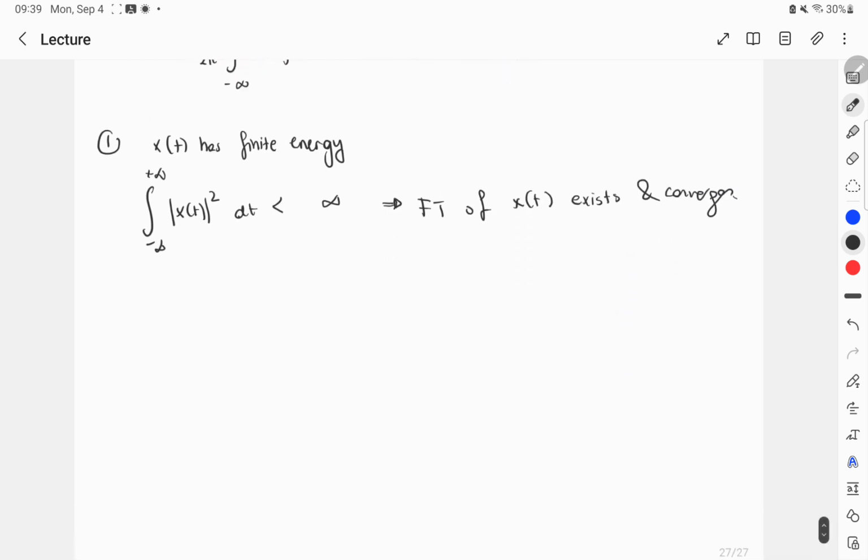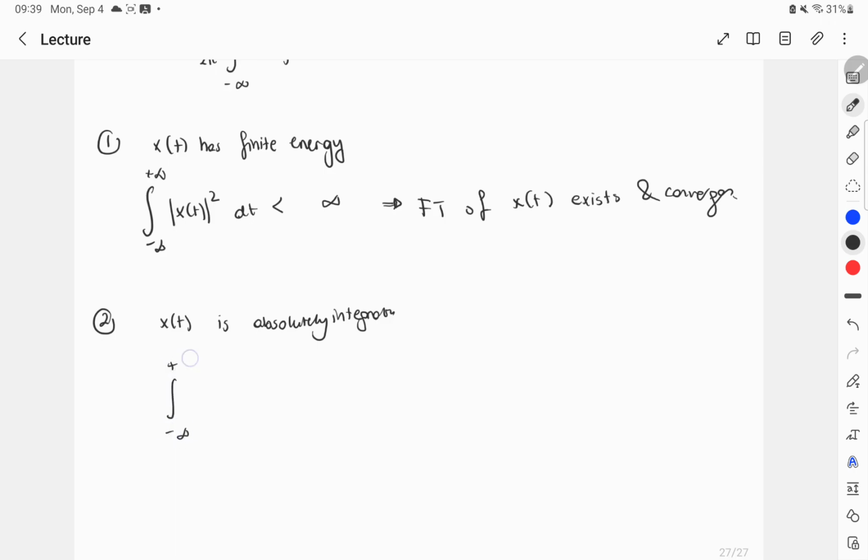Now let us move on to the second alternative condition. If x(t) is absolutely integrable, then the Fourier transform of x(t) exists and converges. Let me write it down real quick. Is absolutely integrable.